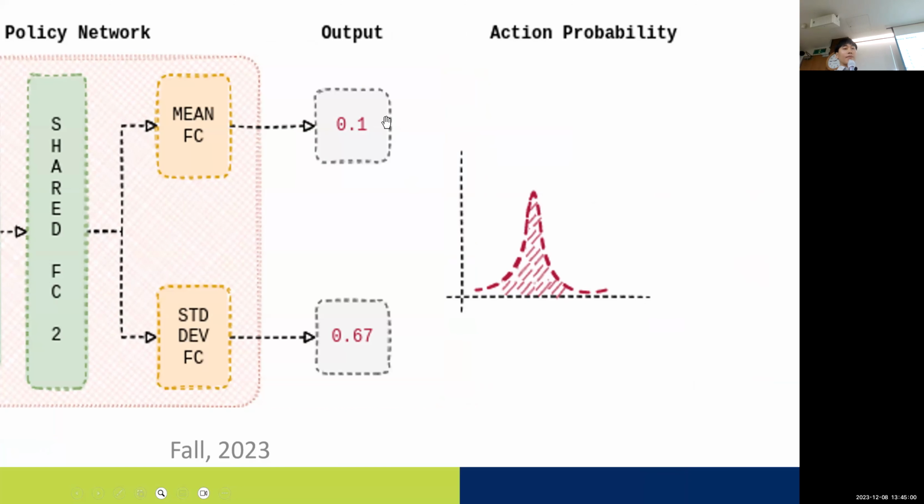The mean will decide the optimal force to be applied. After generating this distribution, we can sample some actions, sampling the force from -3 to 3, from this generated distribution.